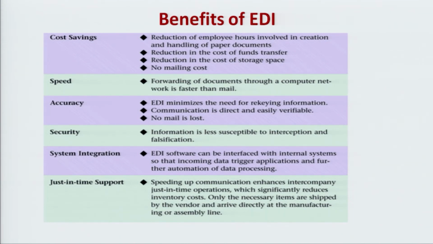That means the information is shared with the other company in the same format, and there is no loss of data, and no chances of the document being lost. EDI minimizes the need for rekeying information, communication is direct and easily verifiable, and no mail is lost. So, complete accuracy is maintained.